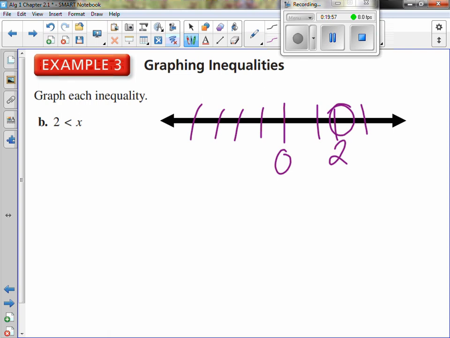It's open because it's not equal to, is it? We don't have the equal to sign. So it's open. Now we're going to shade to the right or to the left? To the right, because we're saying x is bigger than it, yes? So we're going to shade to the right. We're talking about all the values greater than 2. And that's it.